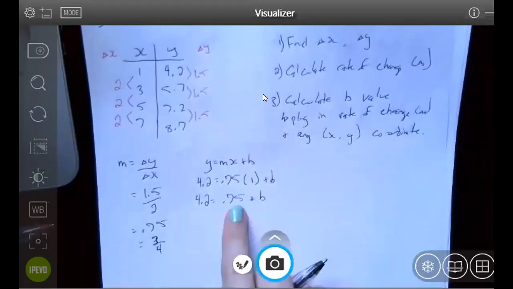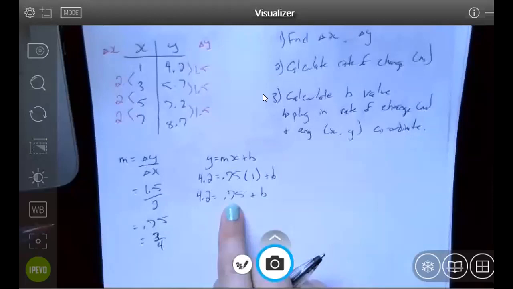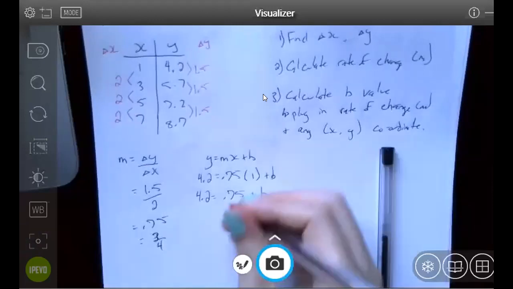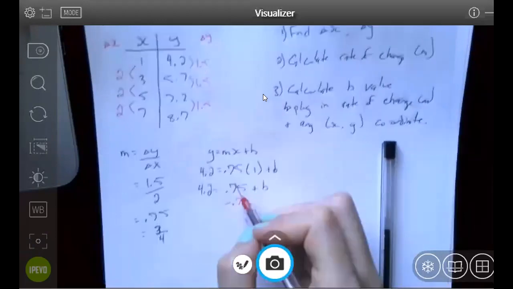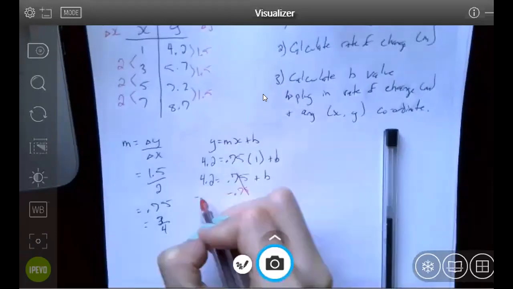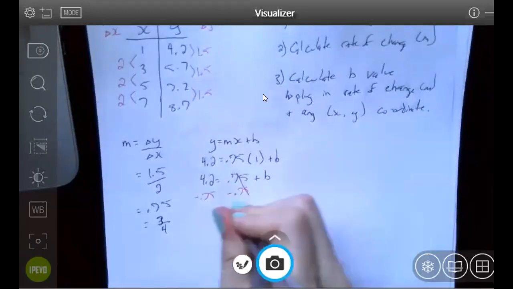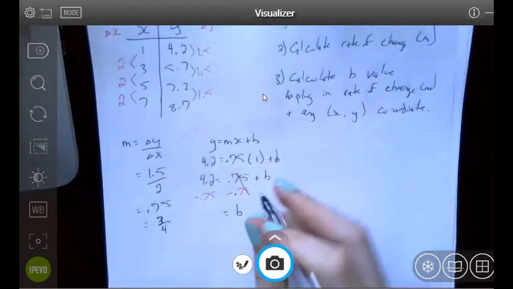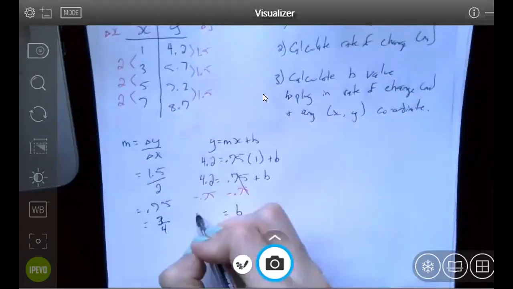And then to move the 0.75 away from the b in order to isolate the b, because the 0.75 is positive, I am going to subtract 0.75. That cancels out. What I do to that side, I must also do to the other. And 4.2 minus 0.75 gives me 3.45.